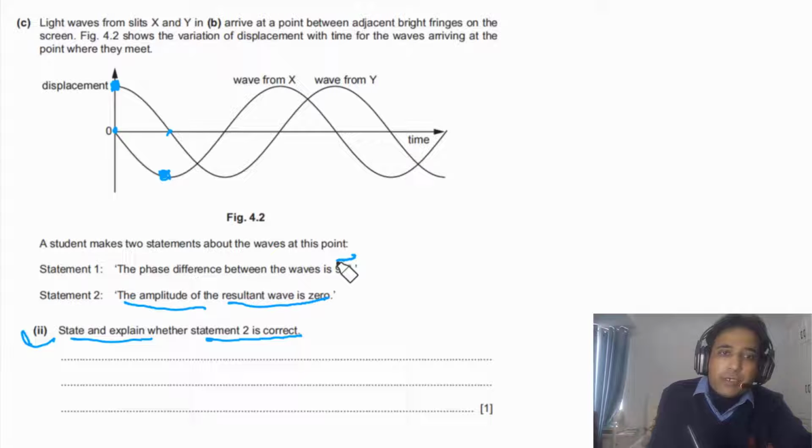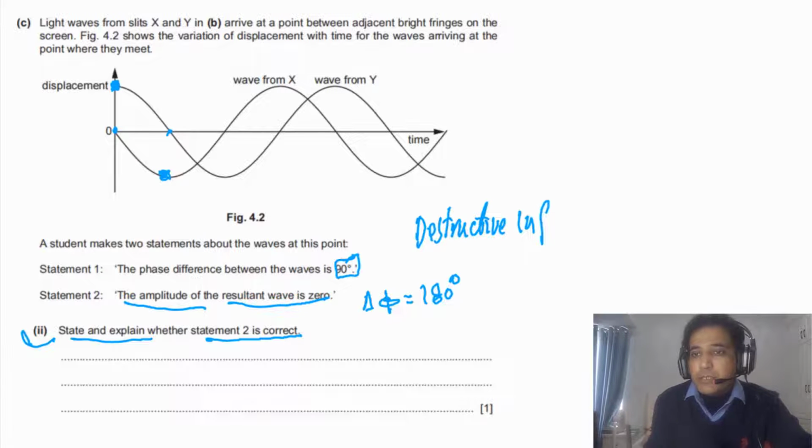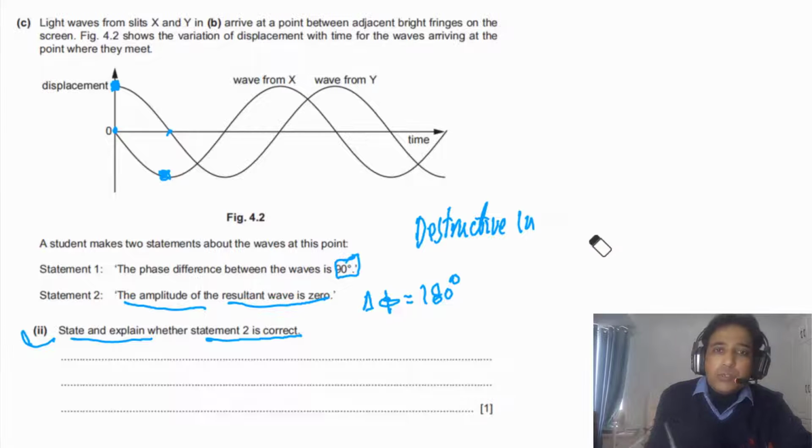Because the phase difference is 90 degrees. If the resultant wave displacement is equal to 0, the phase difference has to be equal to 180 degrees. So there will be destructive interference. But in this case, phase difference is 90 degrees, so it means that statement 2 is incorrect.